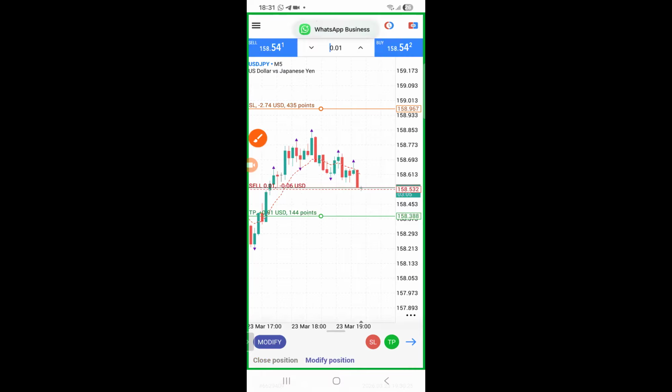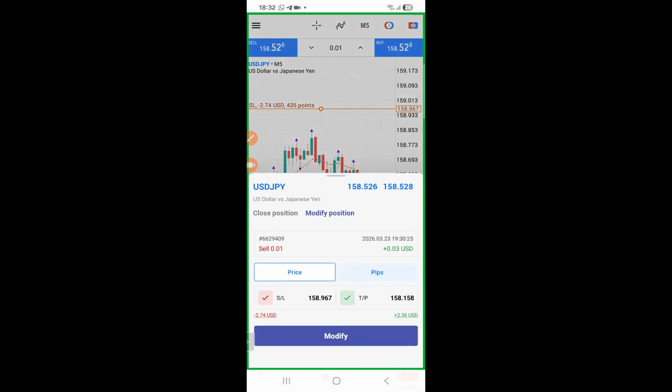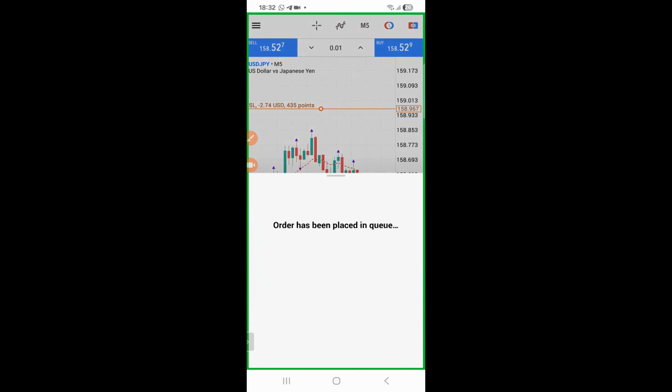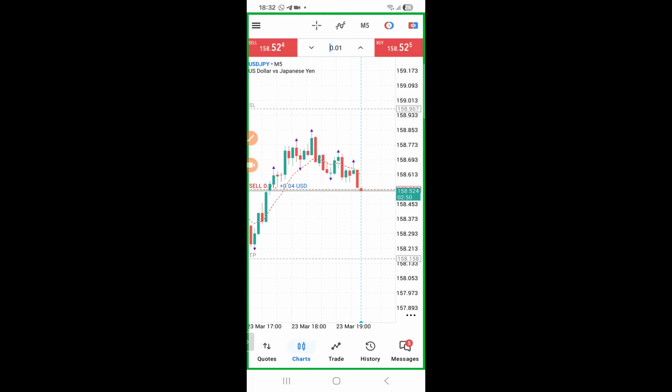See that it brings up the take profit, so I can adjust it down to where I want it to be. Say you're going to make 2 point something profit, say yes. I click modify, and the trade is now running.